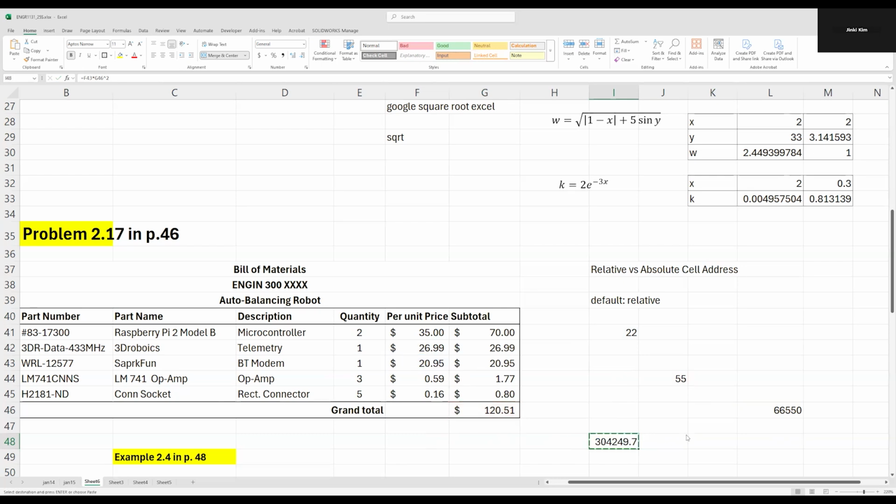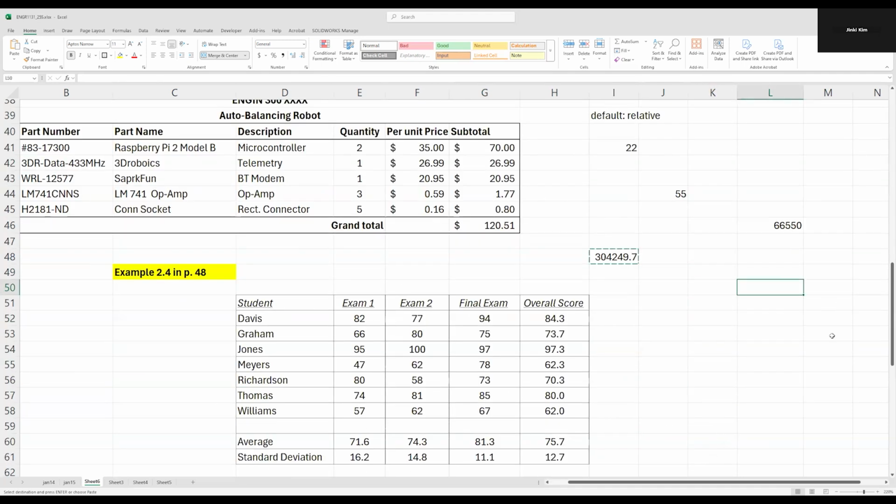If I copy this and then paste it somewhere else, like if I paste it here, it's giving me 0 because 3 cells left, 6 cells above, there's nothing there. 2 cells left, 2 cells above, there's nothing there. So it's giving me 0.